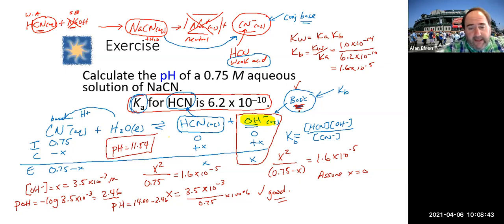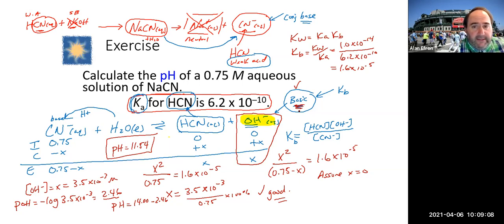What is the difference in the calculation? There really is no difference in the calculation other than if it was an acidic salt, you would generate H3O plus, which means you would also need to swap out the K value into a Ka value. And once you solve for x, the main difference is that it would be the H3O plus, and you would just go right into the pH equation and solve for the pH without having to do the pOH.